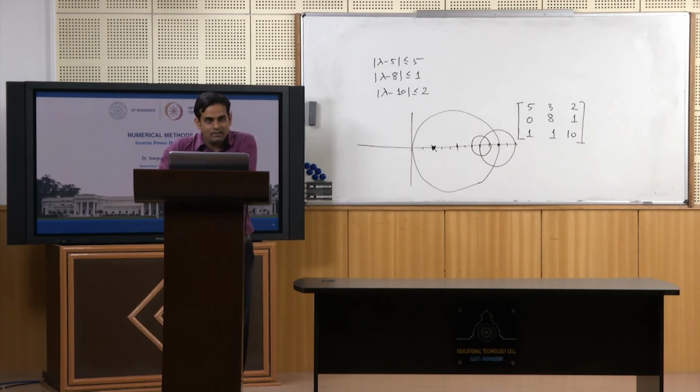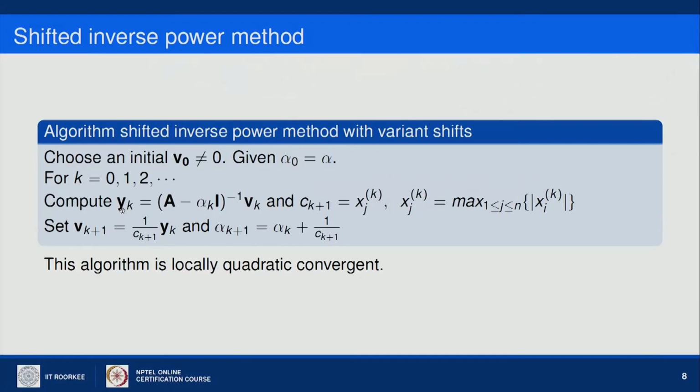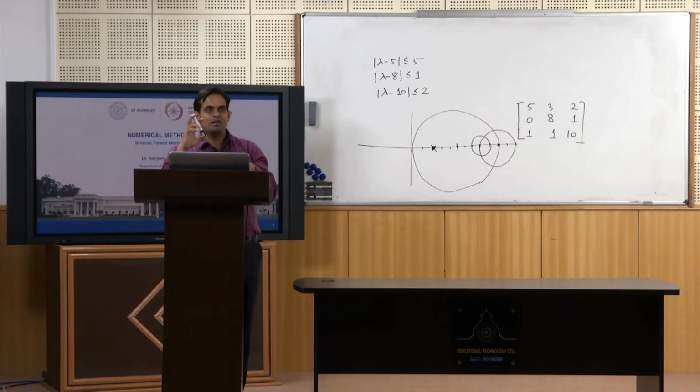You take a non-zero vector V naught and an initial alpha, let us say alpha naught. Then compute yk, where yk is (A minus alpha k I) inverse into vk, and c(k+1) will be the maximum component in terms of absolute value of yk. Like, for a 3 by 3 matrix, if yk is coming as 1, minus 2, minus 4, then here c(k+1) will become minus 4.